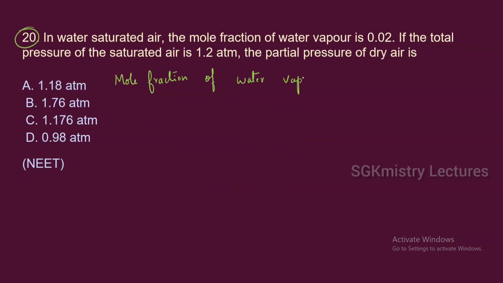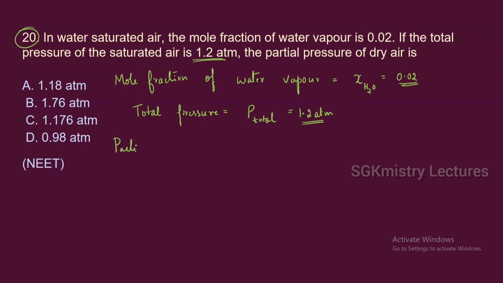So X of H2O, the mole fraction, is 0.02. This is given as data. Now, the total pressure, P total, is given as 1.2 atmospheric pressure. So this is the data that is given.